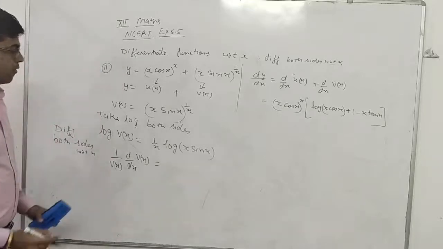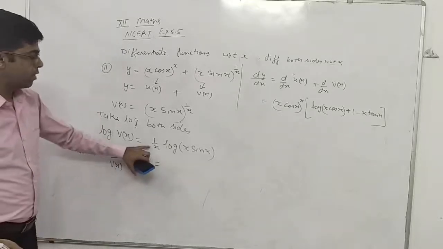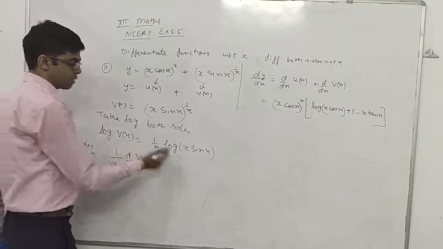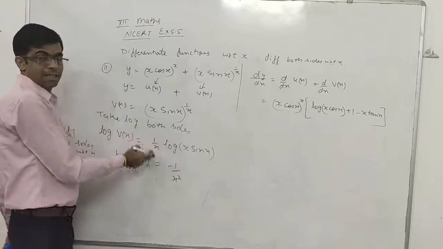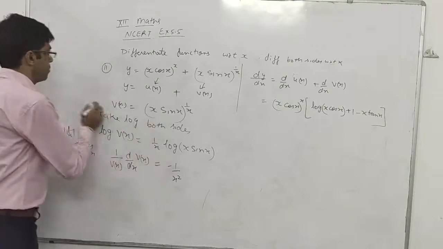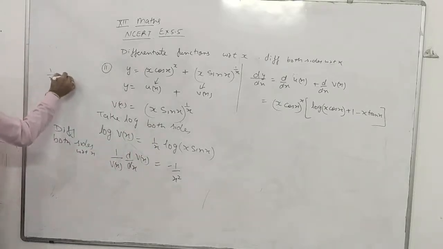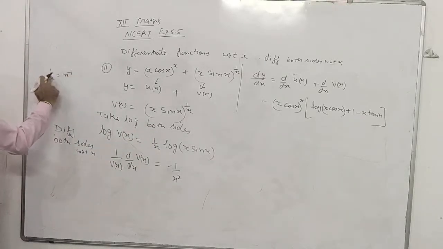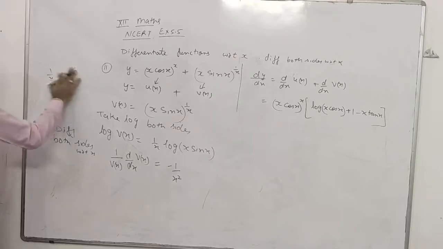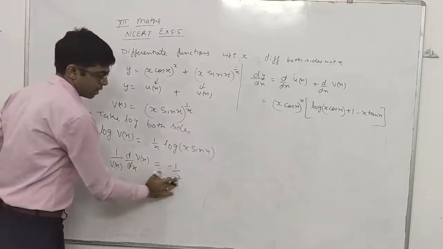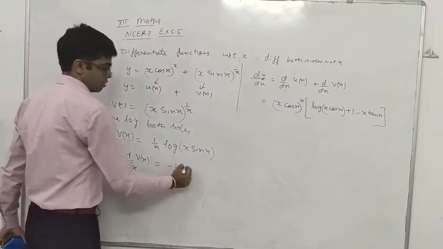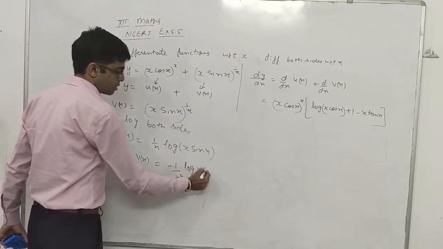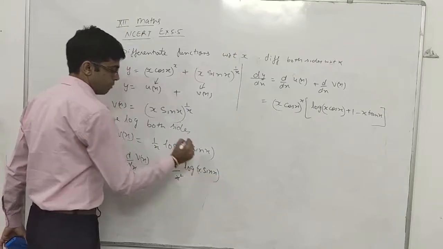Now how will we differentiate this? Firstly we will differentiate 1 by x with respect to x. This is minus 1 upon x square. 1 upon x is x raised to the power minus 1; minus 1 will come outside, the power will be reduced, and this is minus 1 upon x square. And this log (x sin x) will be same.